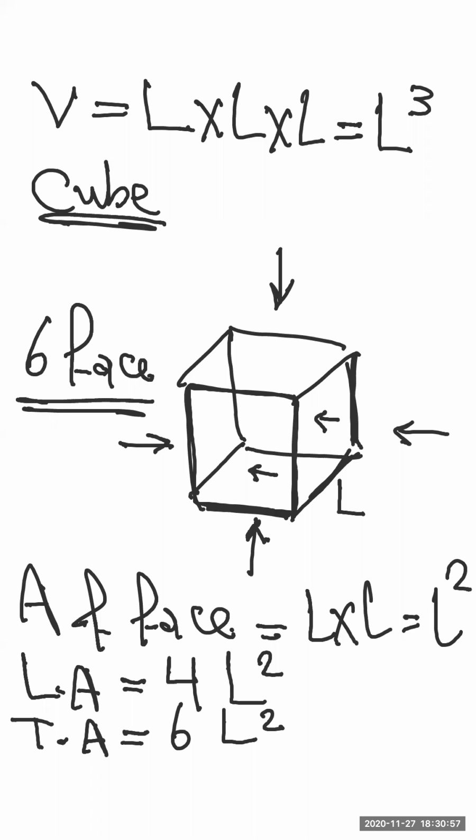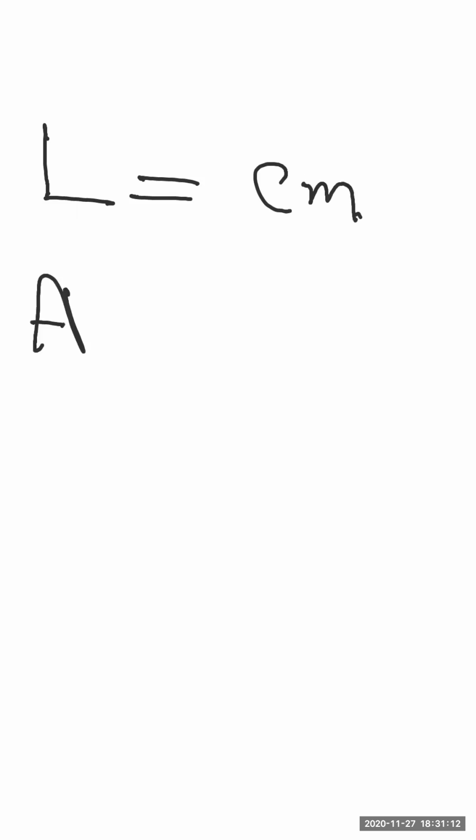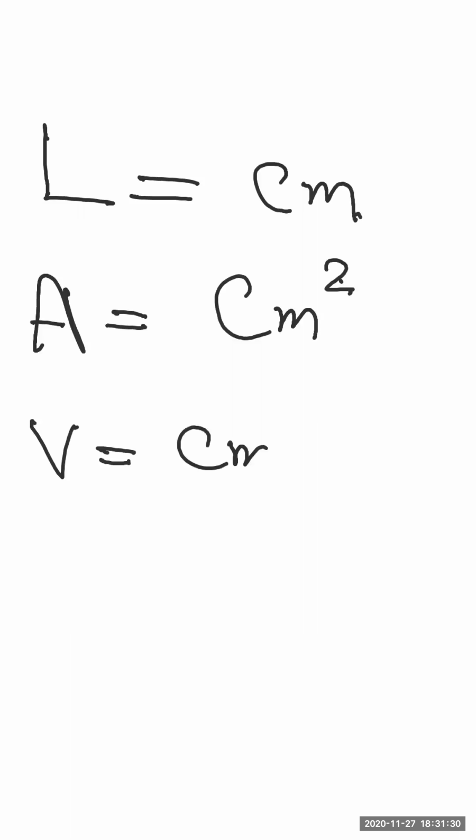Okay, here, the edge length, of course, L is in centimeters. Area, whether it's a face area or lateral area or total area, of course, will be in squared centimeters. And volume will be in cubic centimeters.